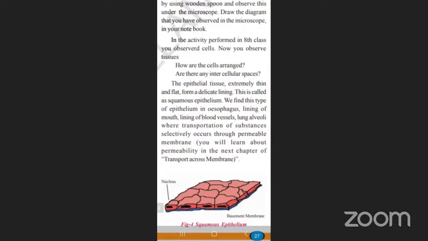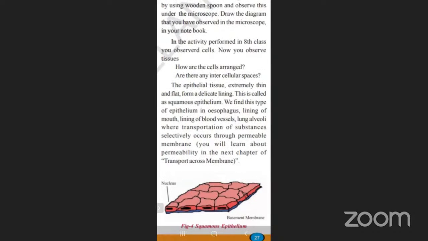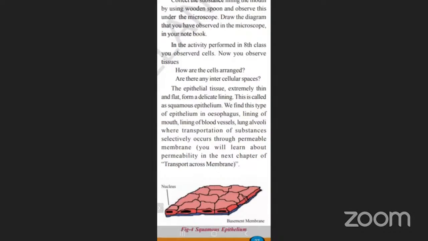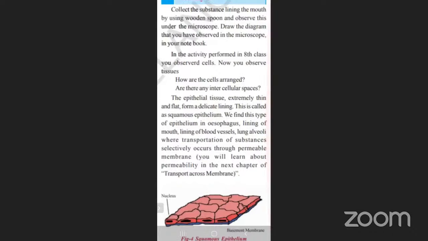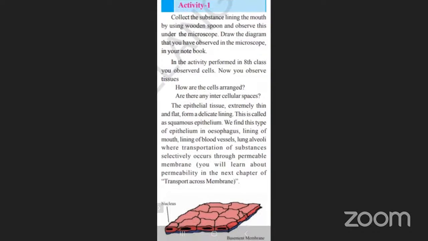When it's needed to balance the concentration outside and inside of that particular layer, it can allow. For example, outside is high concentration and inside is low concentration. To balance that concentration only, that layer can allow materials inside to outside or outside to inside, up to the level of balance.